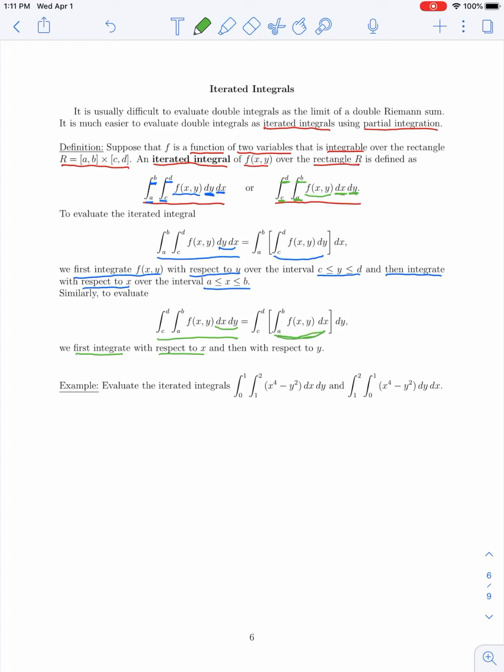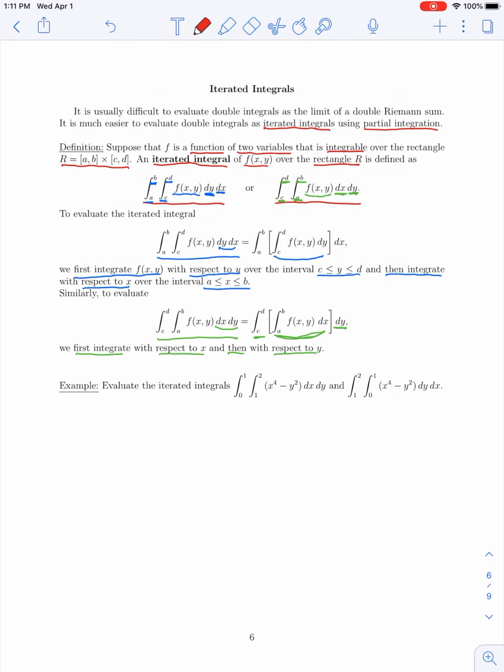So this iterated integral, where we first have dx dy, means that we will first integrate the function with respect to x over the interval from a to b, and then with respect to y over the interval from c to d.